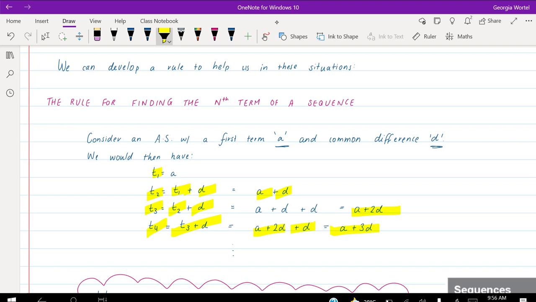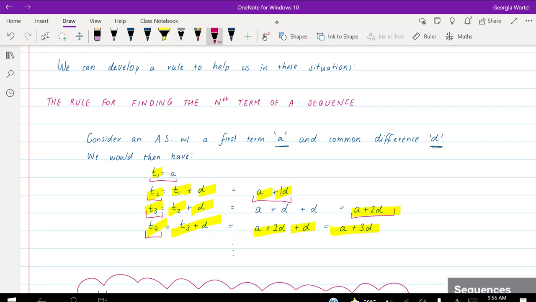But you've probably already noticed a pattern happening here. Our first one is A. Our second term ended up being A plus the common difference. Our third term ended up being A plus 2 lots of the common difference.